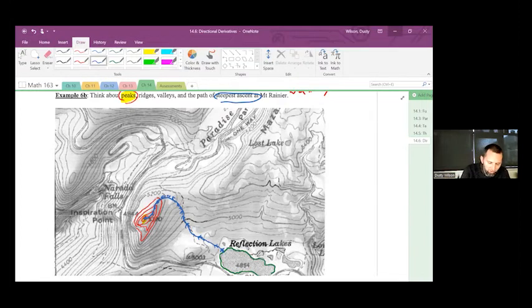Maybe we could try a different path and see where a different path would take us. So if we started off maybe here, going through the sea and reflection, we're going to stay perpendicular. This is a little bit hard to see.